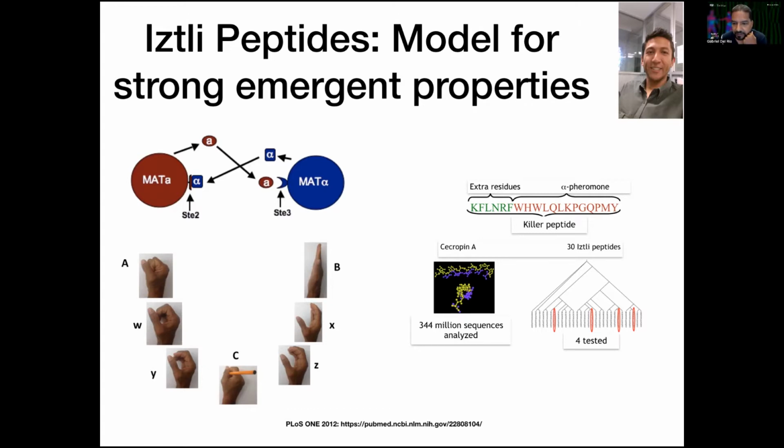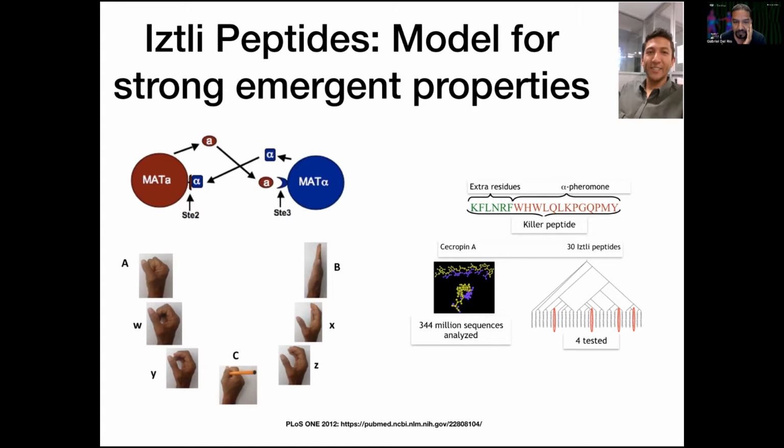Well, the family of peptides that we designed is summarized on the right side of the panel. What you see in the red letters is the sequence of the alpha pheromone of Saccharomyces cerevisiae. These yeast cells are capable of mating by sex.